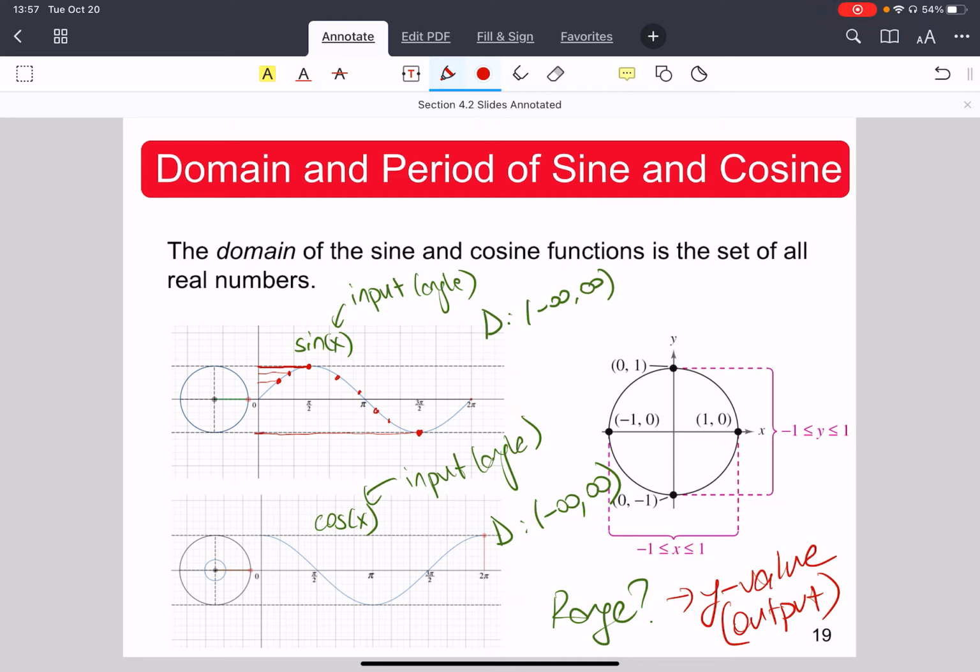So what that means is that the highest y value that this function can take is going to be +1. If it's not transformed, if it's just a pure sine x, it's always going to be +1, and it's always going to be -1 for the minimum. And the same thing for the cosine function. Highest it's going to take is +1, minimum it's going to take is always -1.